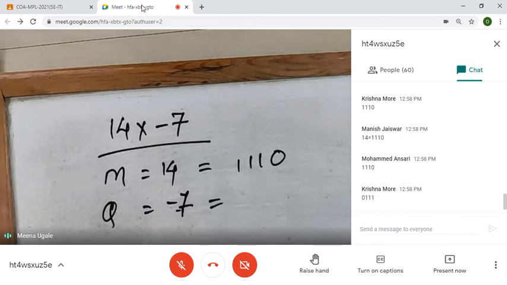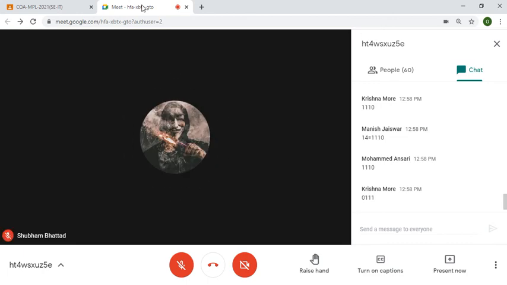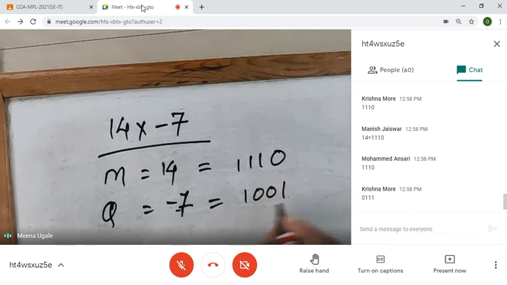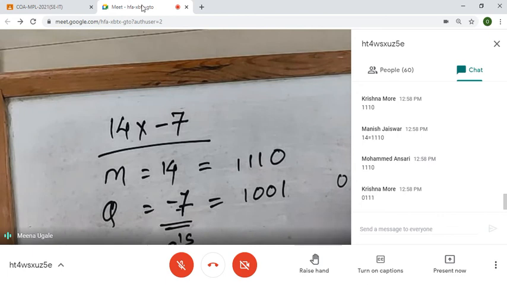It will be now 2's complement representation. 1001. 2's complement, huh? Yes, ma'am. Yeah, I'm telling for all of you. Krishna, you have written 0111. So this is your normal value for 7. This is plus 7.